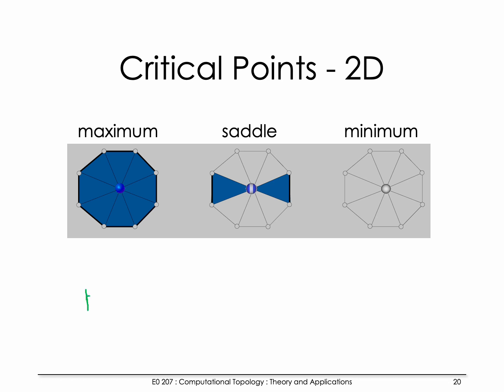The Betti 0 of this lower link of V is going to be 1, and the Betti 1 of the lower link is going to be also equal to 1.